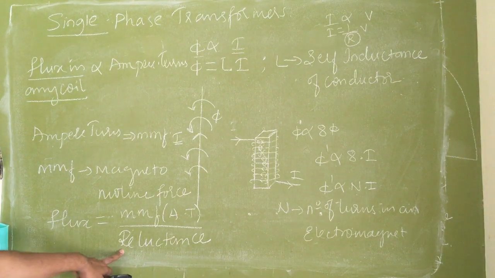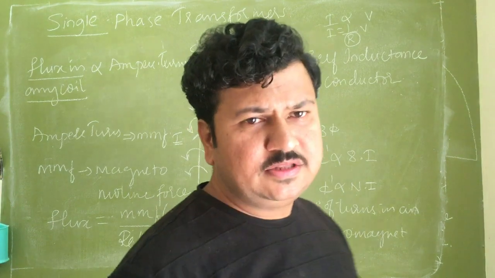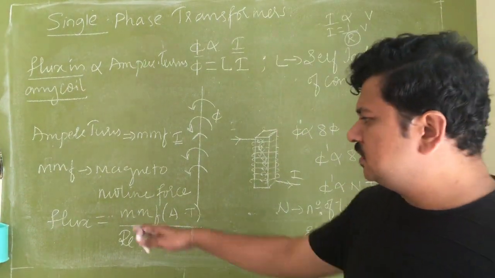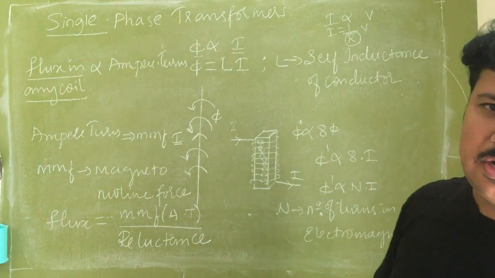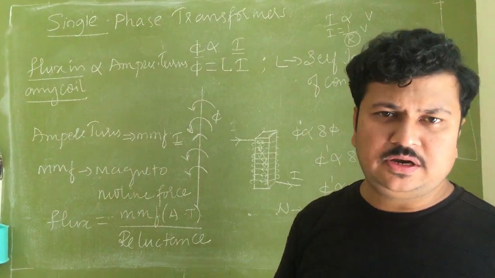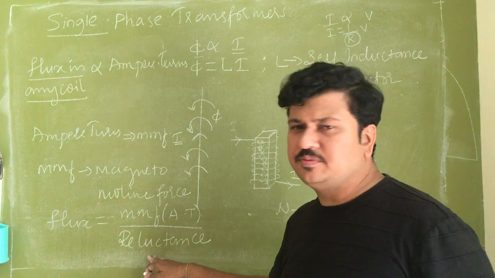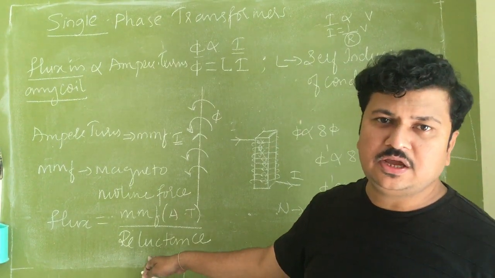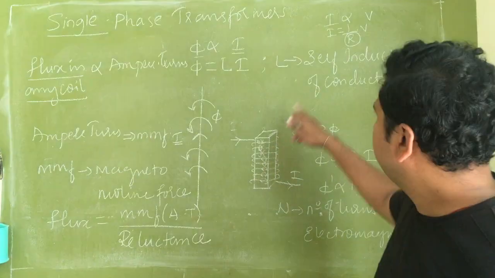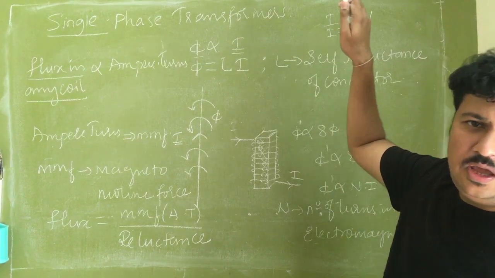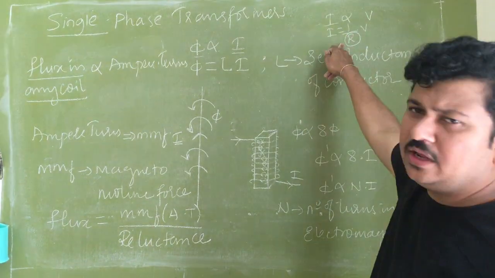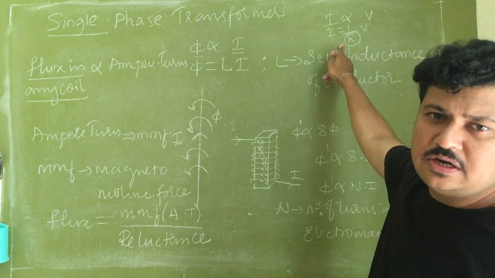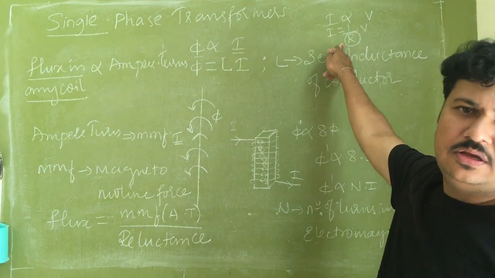If the reluctance of the magnetic path is more, flux produced in that magnetic path is less. Now reluctance of air is more because it is non-magnetic. So any non-magnetic substance has very large reluctance. It is like an insulator. You take wood, rubber, air, glass, all these are insulators, where the resistance is very high, so the creation of current in these materials is very difficult.